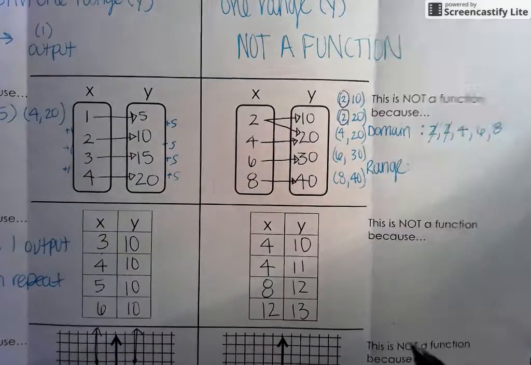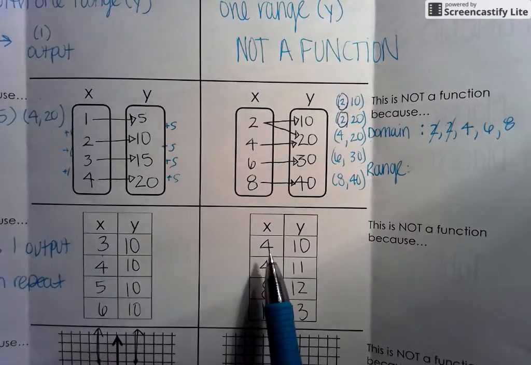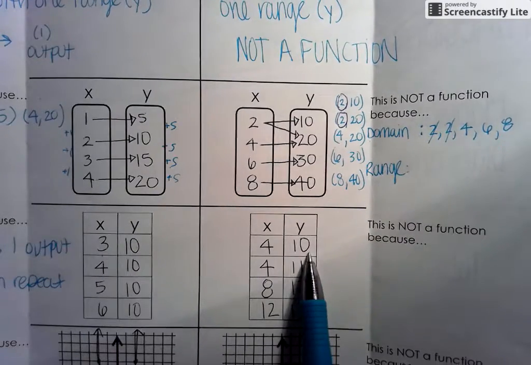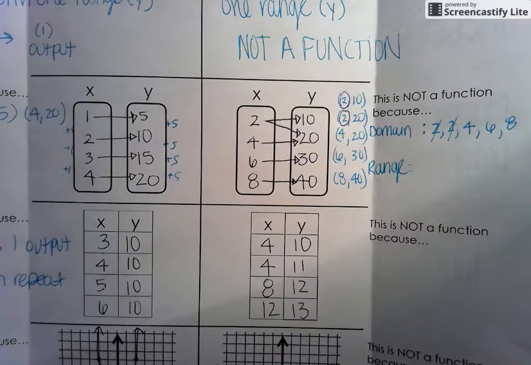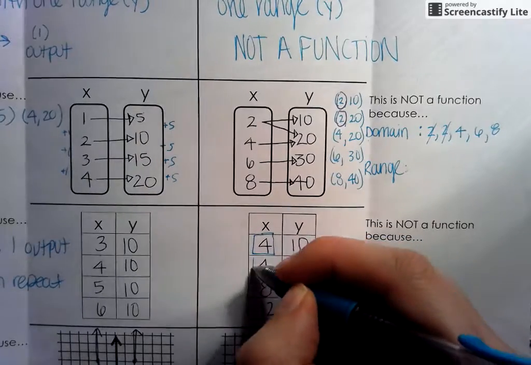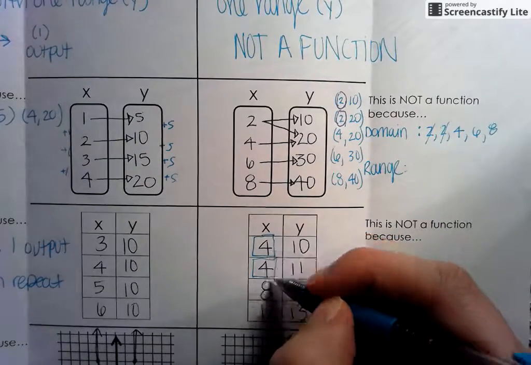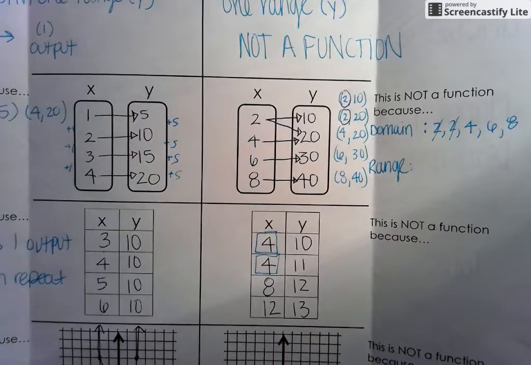Now this is another version of a table, and if you notice, 4 is the input and its output is 10. For 4, the output is 11, so this would not be a function because there are 2 of the same inputs that have different outputs. So that is why that would not work.